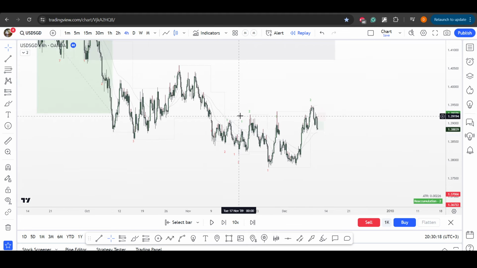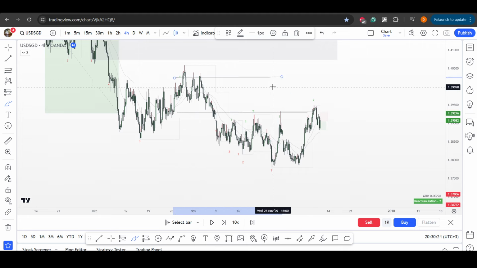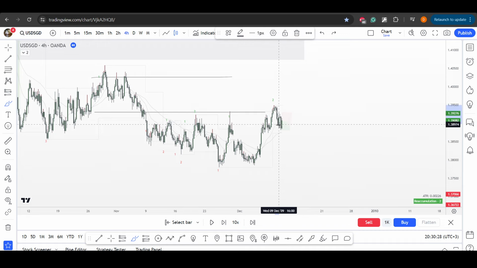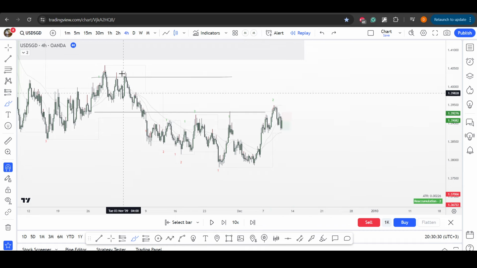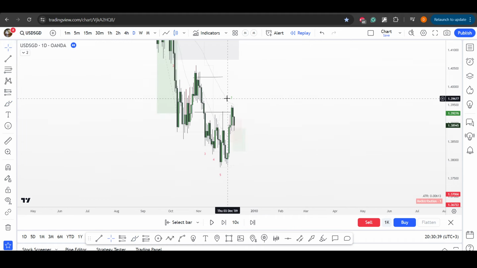Okay, now we took these highs. We kind of mitigated the deeper zones here from this leg, and now we have this impulse correction impulse in possible development, but again the price action is just like moving from one range to the other range, pretty messy.